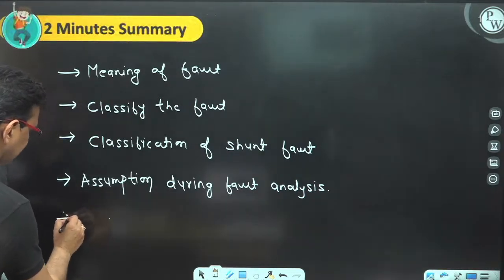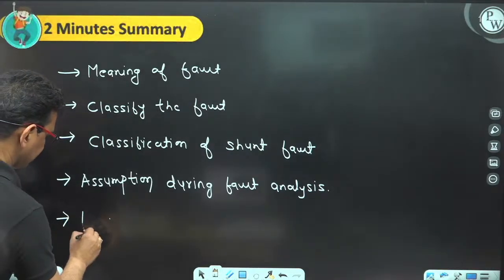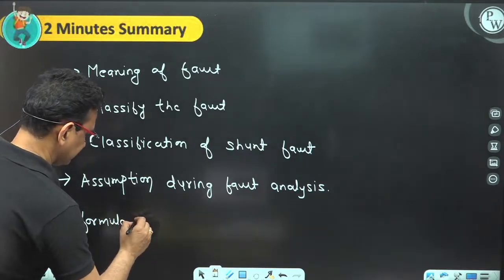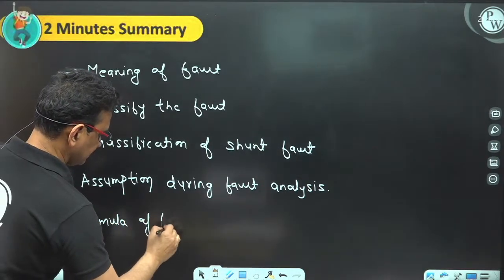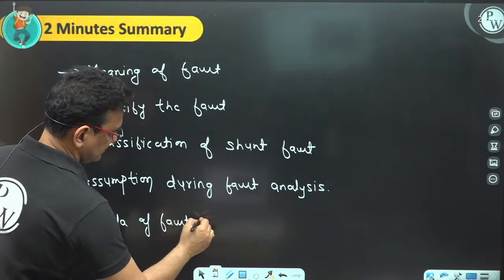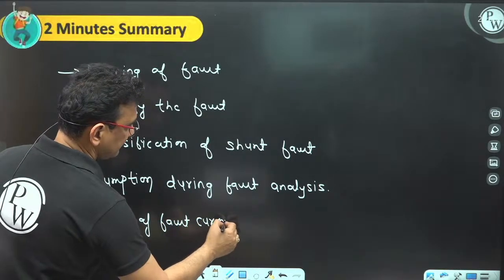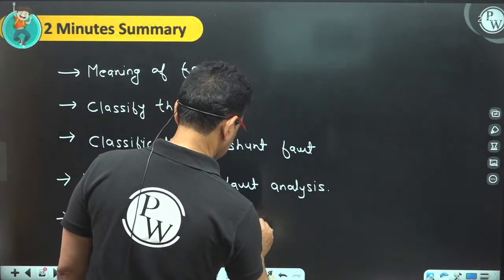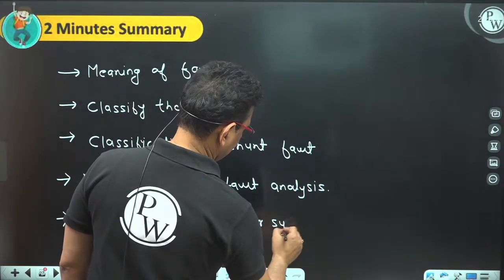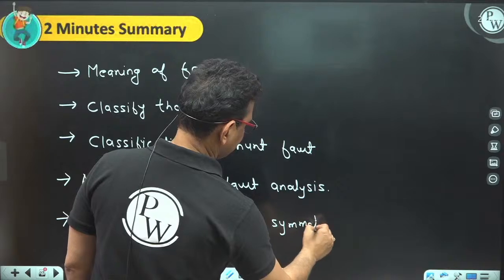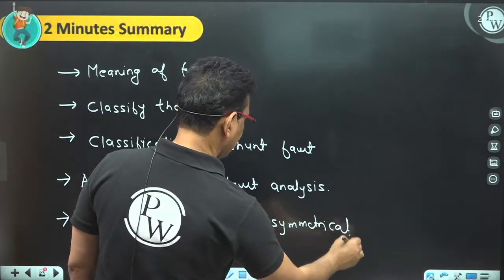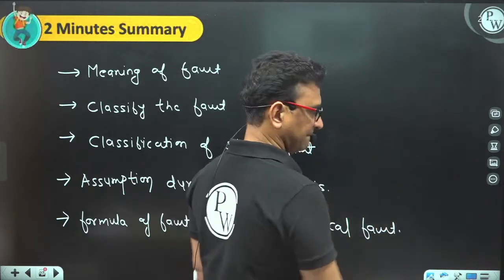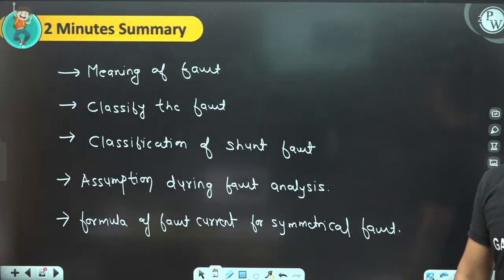Then finally, I derived the formula to find out the value of fault current if the symmetrical fault occurs in the power system. How to find out the value of fault current in case of symmetrical fault? Clear?